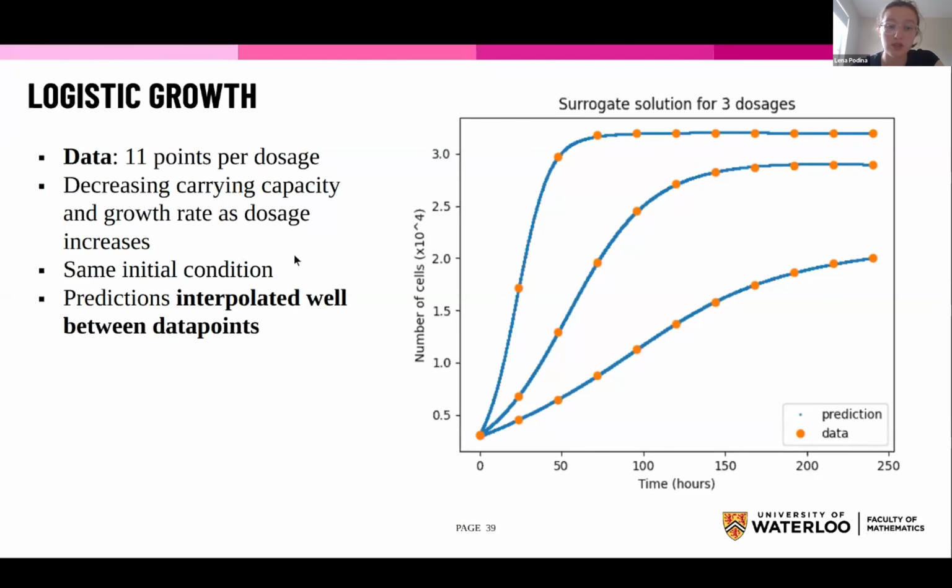We assume the same initial condition, and we see that for the surrogate solution, we're able to interpolate fairly well between data points. Here, this one is the lowest chemotherapy dosage, this next curve is the medium chemotherapy dosage, and this last one is the highest level. And these are the interpolations between the data points for the surrogate solution.